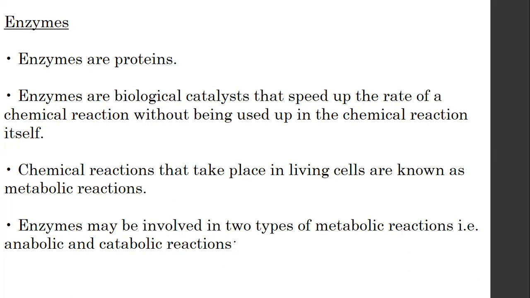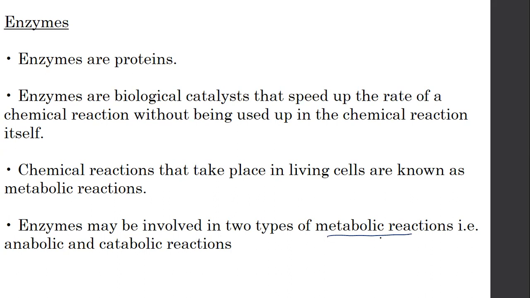So enzymes may be involved in two types of metabolic reactions, that is anabolic and catabolic reactions. Remember, I said to you that metabolic reactions are the reactions that are taking place in the cell. So these proteins, these enzymes, may be involved in metabolic reactions.